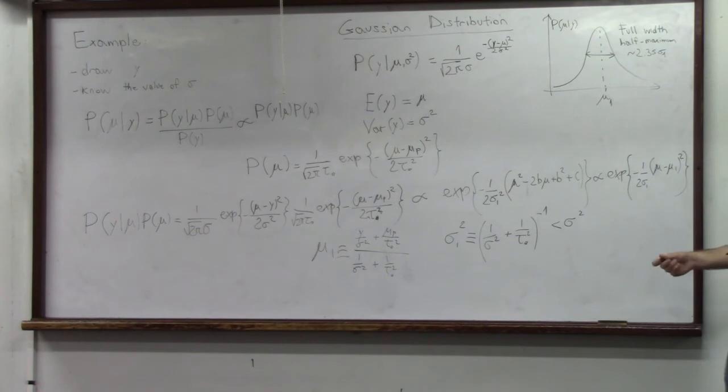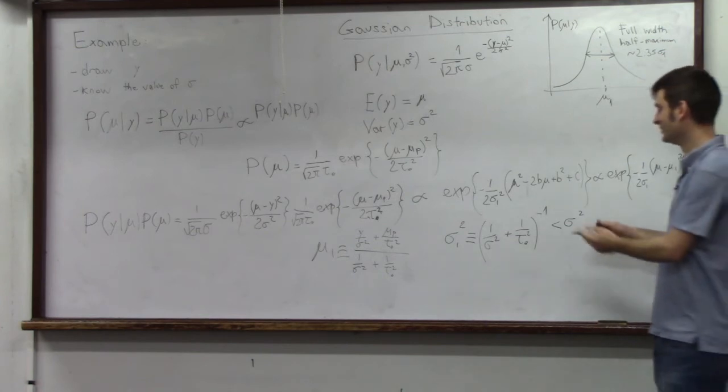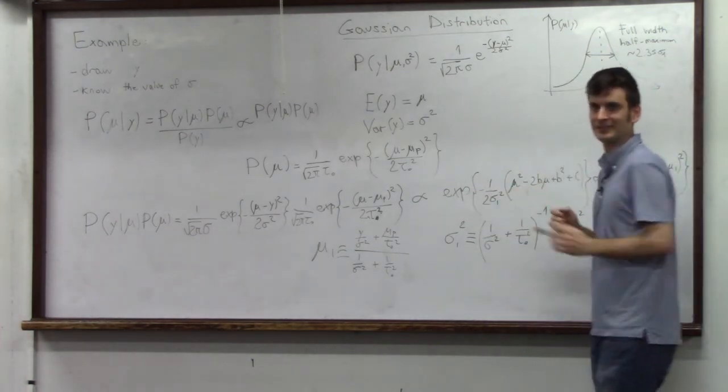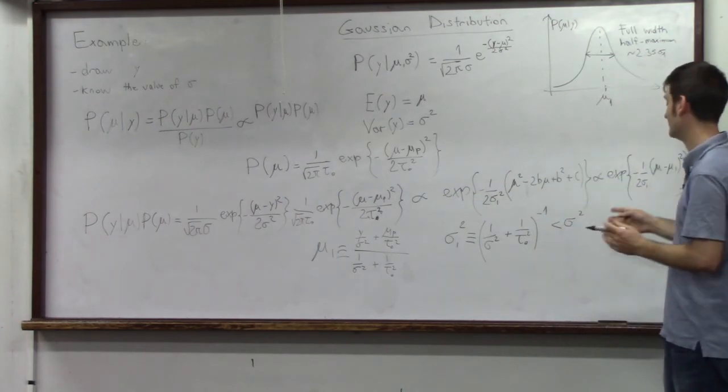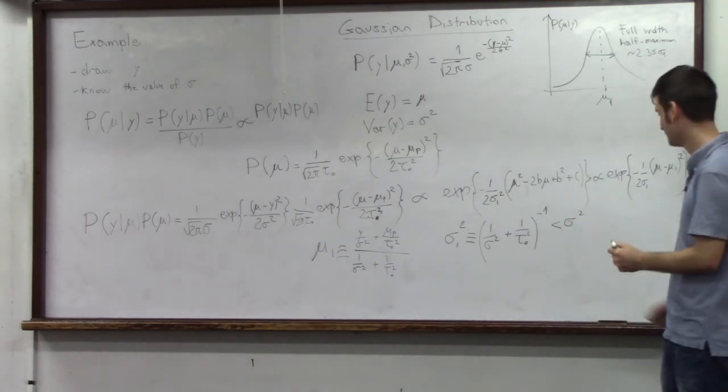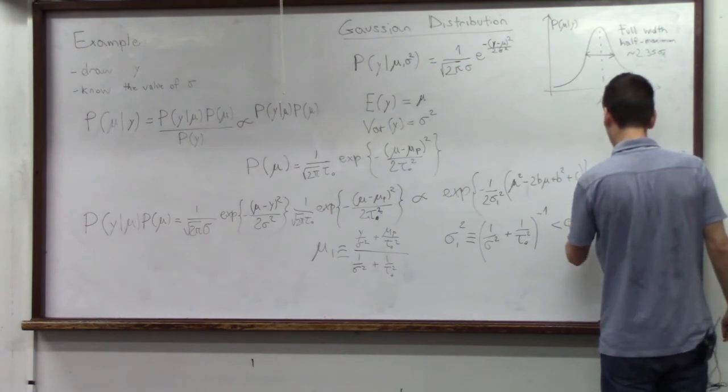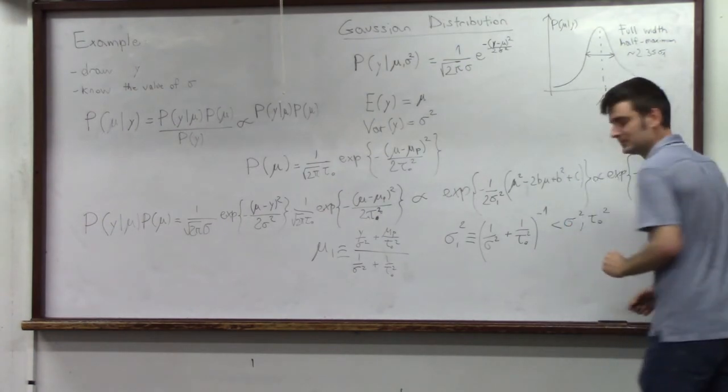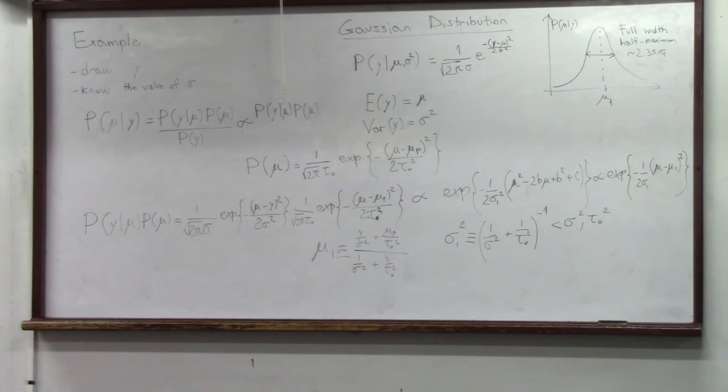So the fact that we added the prior shrinks the distribution, or the data shrinks the distribution of the prior. Oh, it's also smaller than theta 0. Are there any questions?